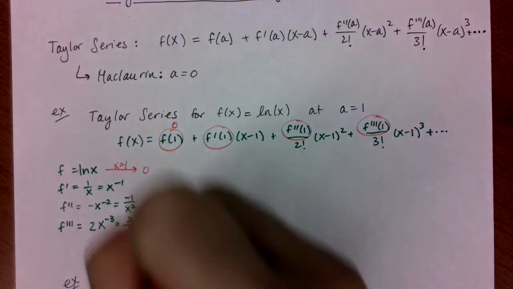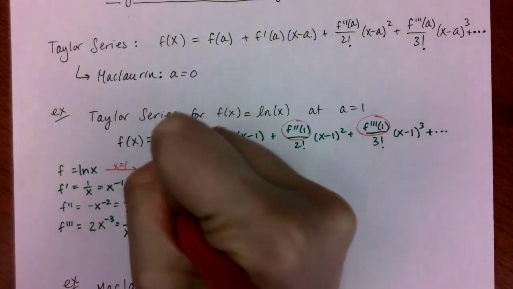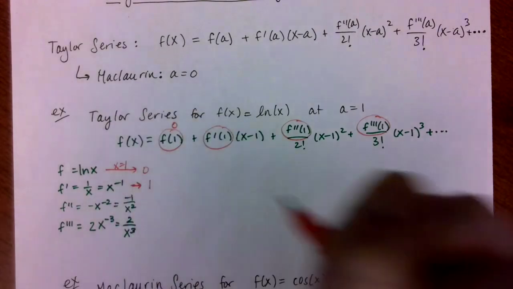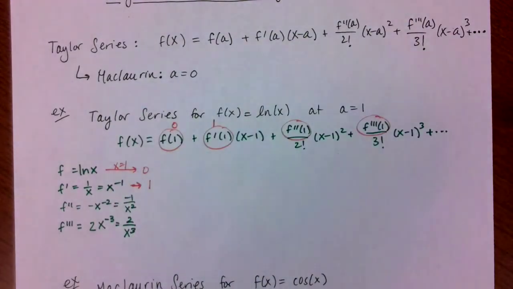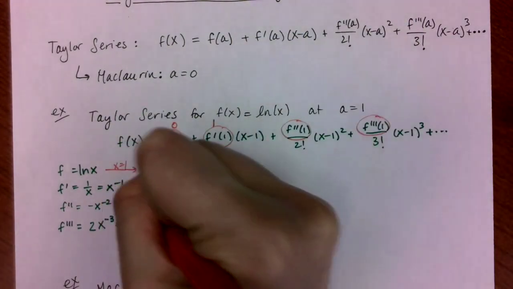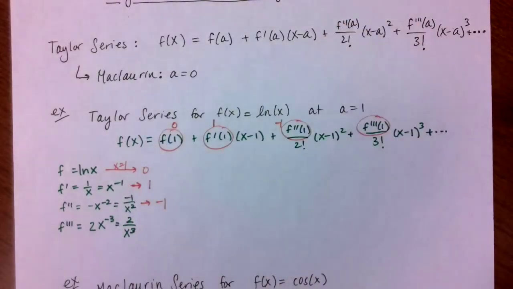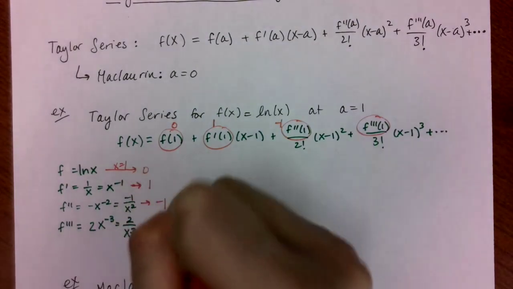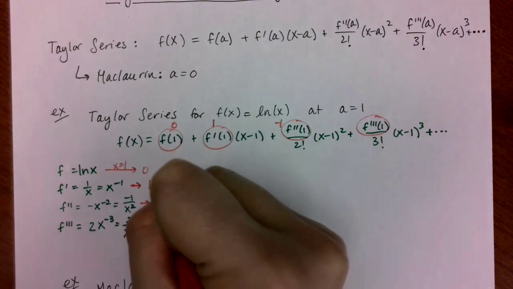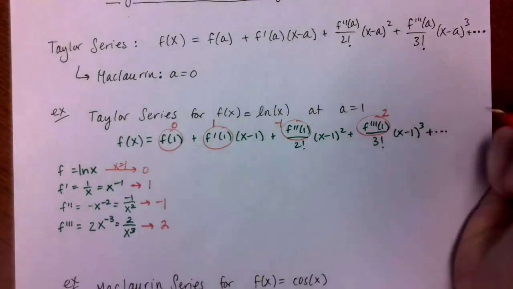F prime of 1 is going to be 1 over 1, which is 1. So that's right here. The next one, if I plug in 1, I get negative 1 over 1 squared. So that's negative 1 for this guy. For the next one, if I plug in 1, I have 2 over 1 cubed, which is 2. So that makes this one 2.